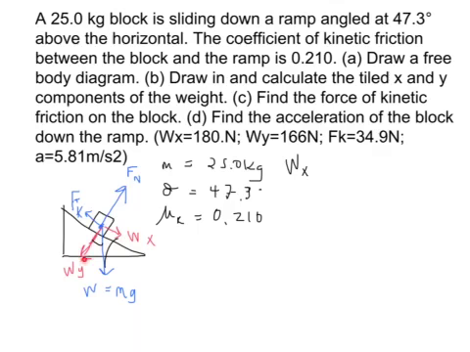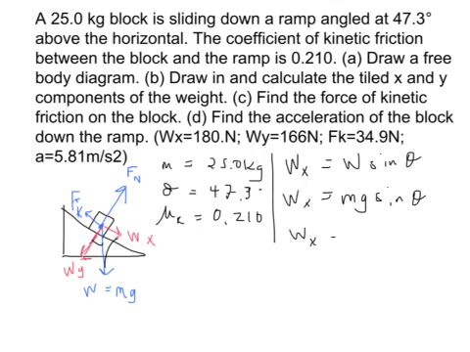So Wx is a leg of this right triangle, and every leg of a right triangle is either r cosine theta or r sine theta. So this is the opposite leg. Therefore, Wx equals r sine theta, because it is opposite the angle. That means we can find Wx using this equation.